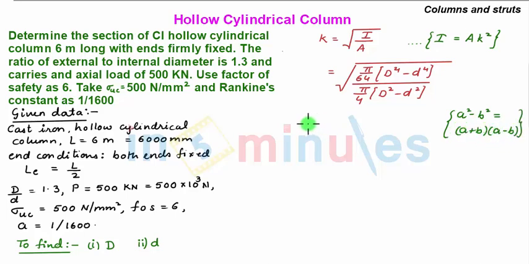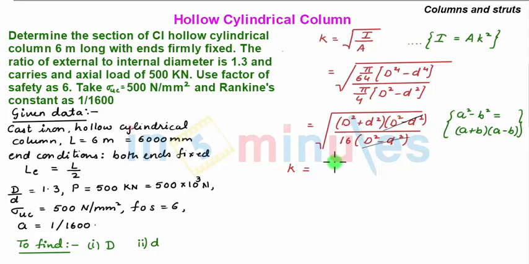So your K becomes capital D square plus small d square into capital D square minus small d square. Now this is equivalent to capital D to the power 4 minus small d to the power 4 the whole upon 16 into capital D square minus small d square. Now this capital D square minus small d square gets cancelled from numerator and denominator and we get the value of K is equal to square root of capital D square plus small d square upon 4.